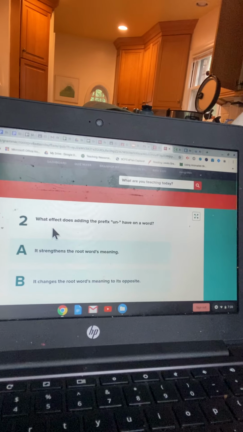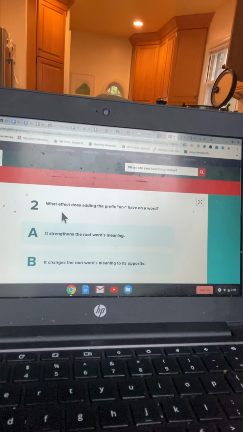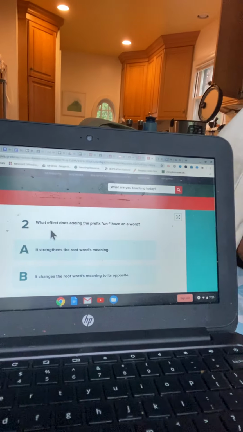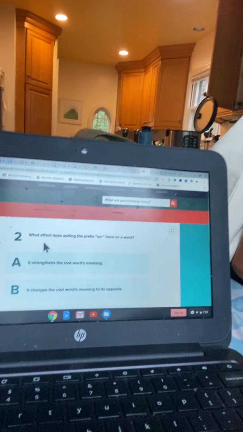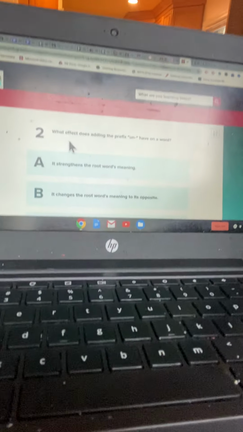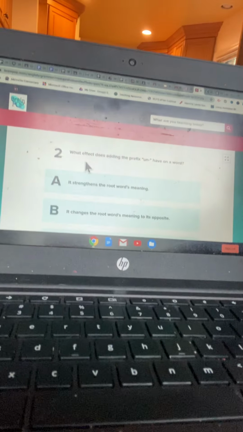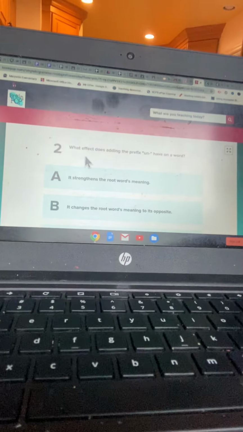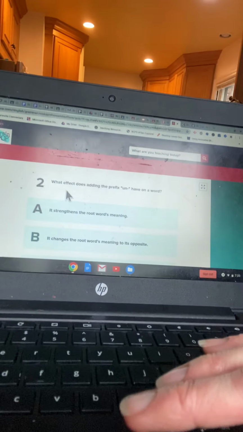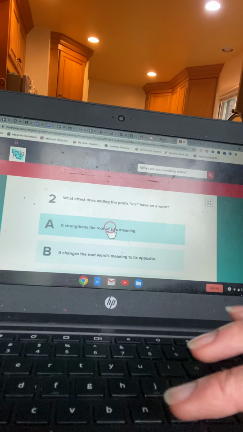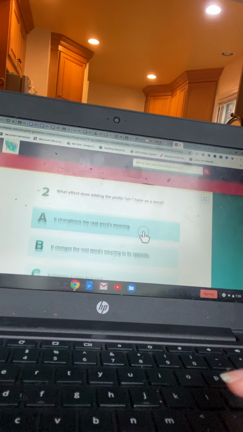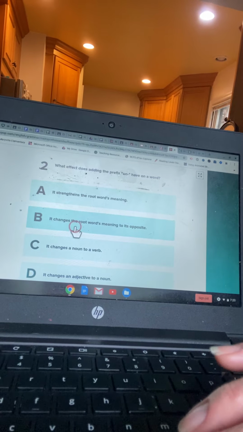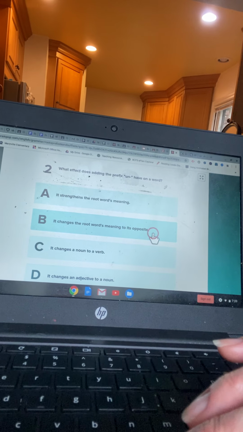What effect does adding the prefix un have on a word? Well, if you think about anything that starts with un, like unknown, unbelievable. Think about those words and what does un do to that word? Does it strengthen the root word's meaning? Does it change the root word's meaning to the opposite?